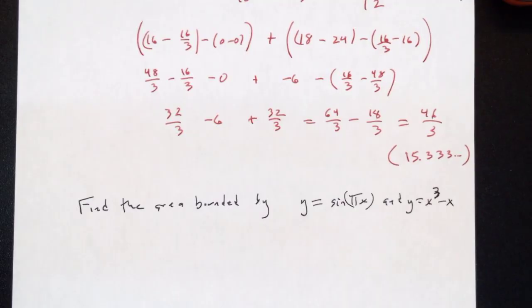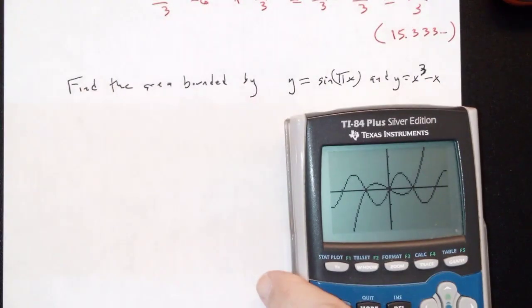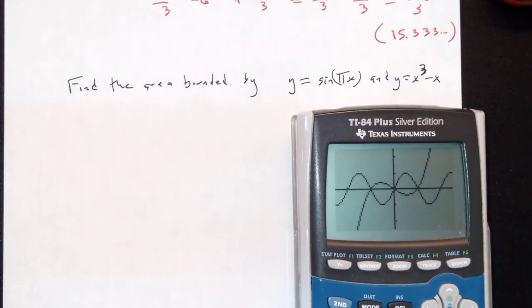But I've got a sine curve, wiggle back and forth, and then I've got a cubic equation, and they cross like that. It doesn't say region. It just says find the area bounded by. There are 2 of them.